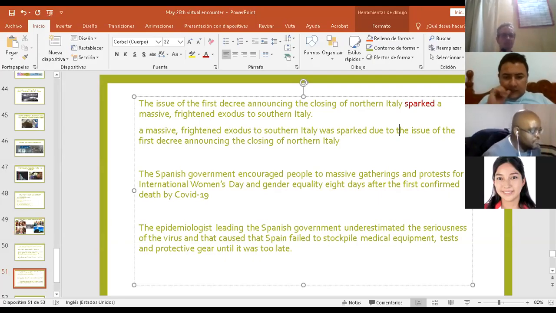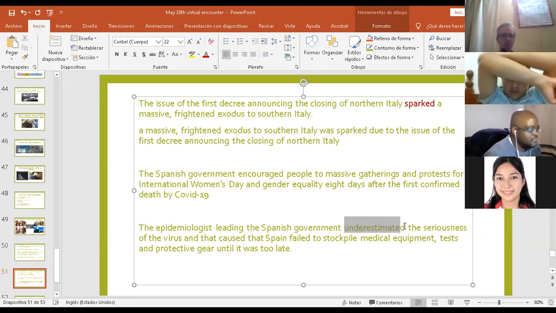The seriousness of the virus was underestimated, and that caused that Spain failed to stockpile medical equipment. Exactly, yes. So we identify the verb, and then we put the what that is after it at the beginning.